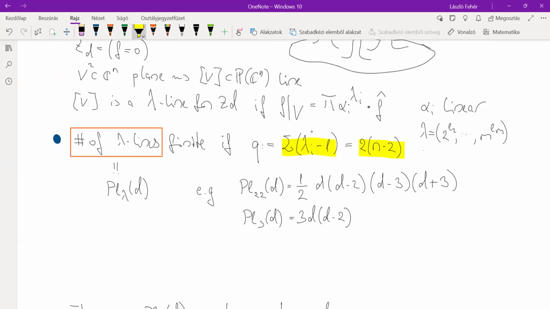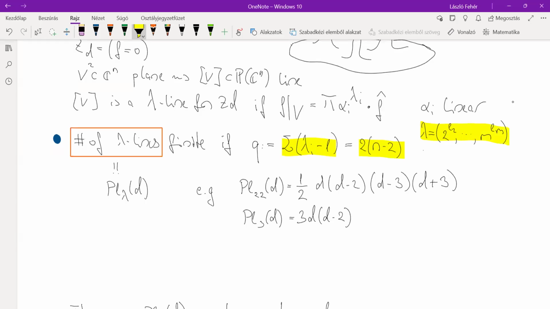The number of lambda lines is denoted by PL, Plücker, lambda, d, because I will be mostly interested in the dependence on d of these formulas. Here I take a partition which doesn't contain 1.